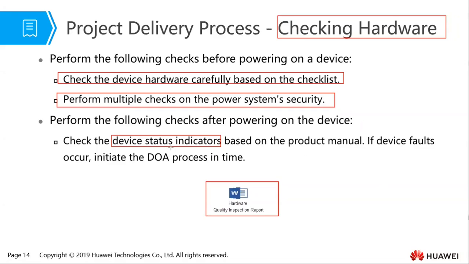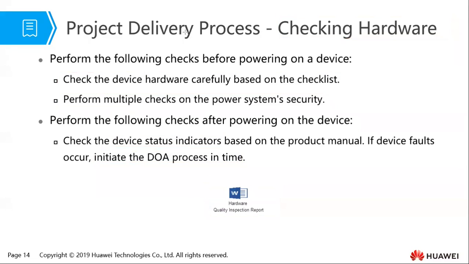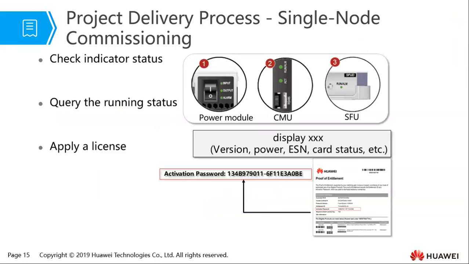If device faults occur, you need to immediately initiate the DOA process in time. Remember, the DOA process needs to be dealt with as soon as the problem is detected, so that the 48 hours does not elapse.